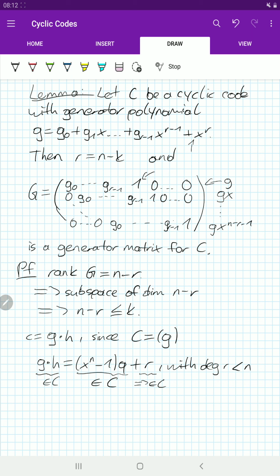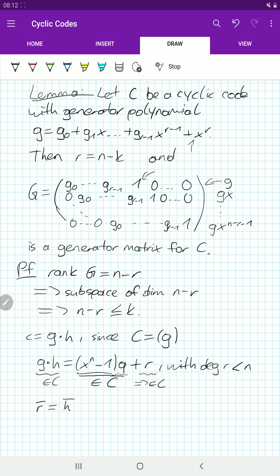Now, again, as R is in the code, and also note that R is in the same class as H, because the class of this thing here is 0.